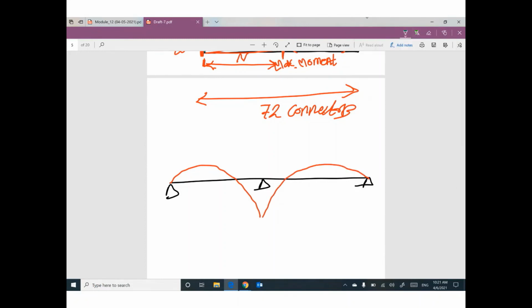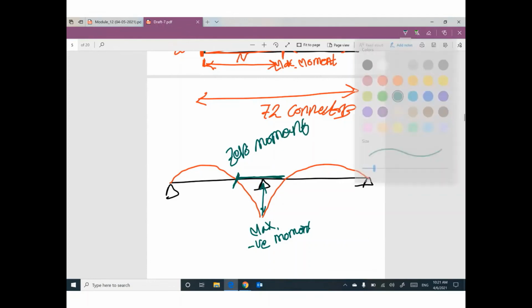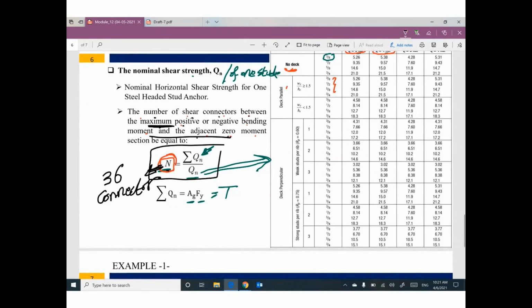If you would like to figure out the number of shear connectors in the negative moment, between the maximum negative moment and the zero moment, between this point and this point, we need capital N. So keep in your mind, this equation will not give you the total number, but will give you the number of shear connectors between maximum positive or maximum negative and zero moment position.